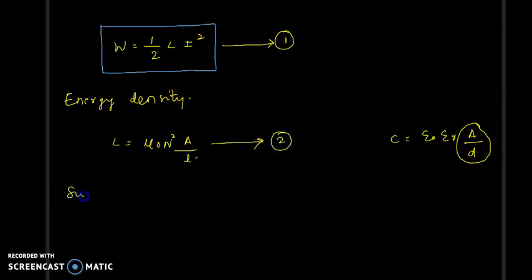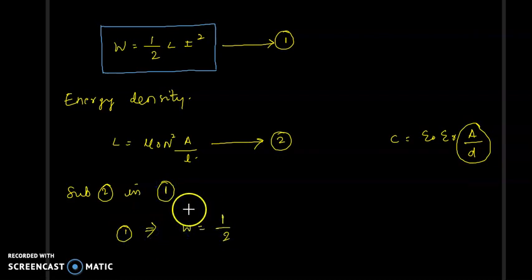Now substitute 2 in 1, and W equals half. Instead of L, this expression goes here, so this becomes mu naught N squared A by l into I squared.